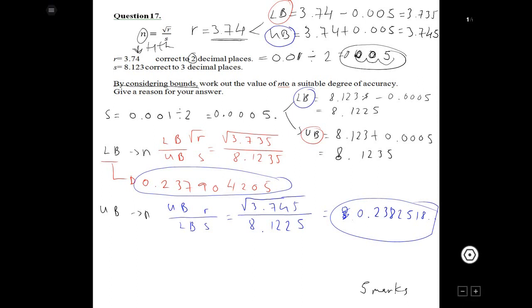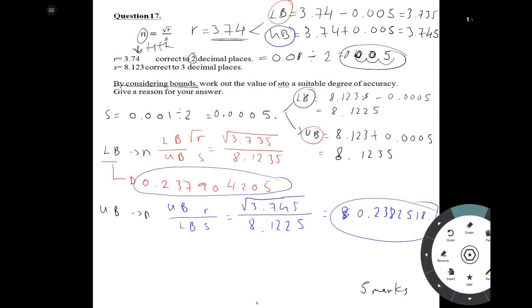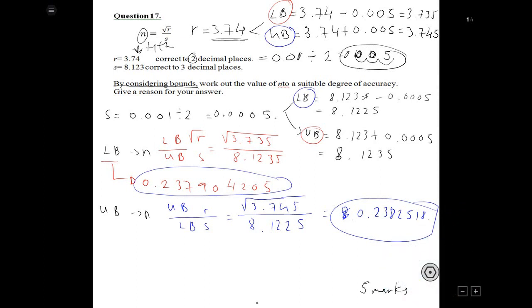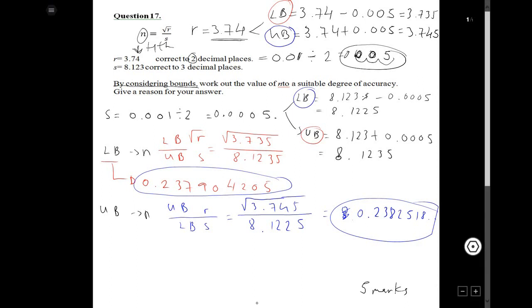Right, so this is a 5-mark question, so what I have to do now is justify my answer, because it says give a reason for your answer. So we're going to say that the answer is, okay, and now we have to make a decision.